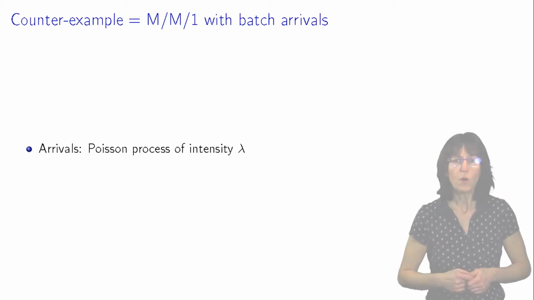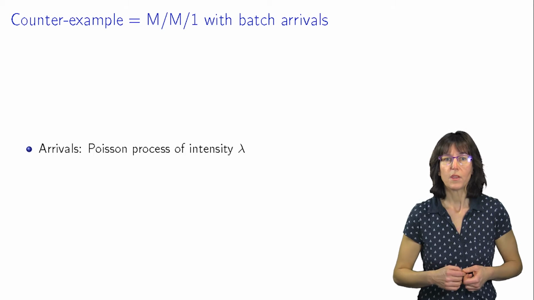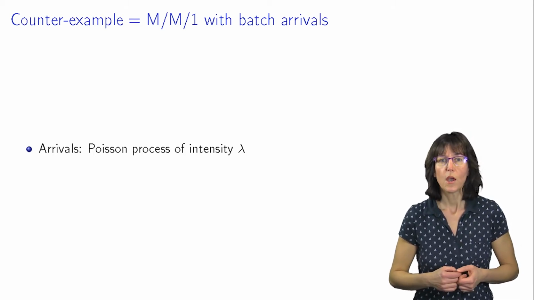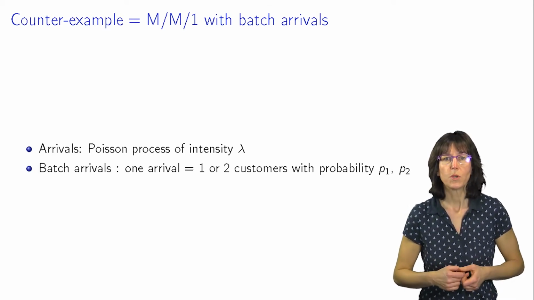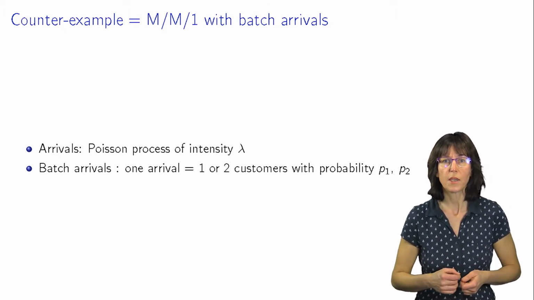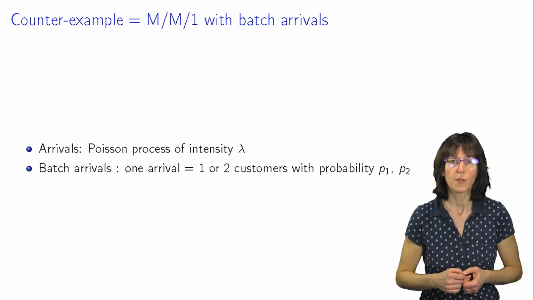However, not all continuous time Markov chains are birth-death processes, even if they are representing queuing systems. For instance, we can have what are called batch arrivals. Imagine a desk at which a group of customers may arrive together. They create the same number of tasks as they are members of the group.